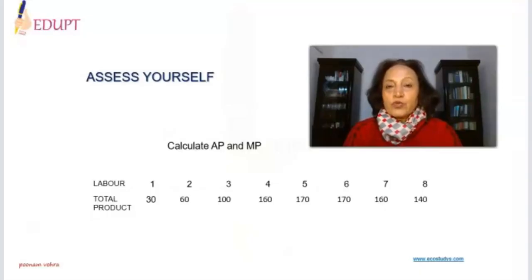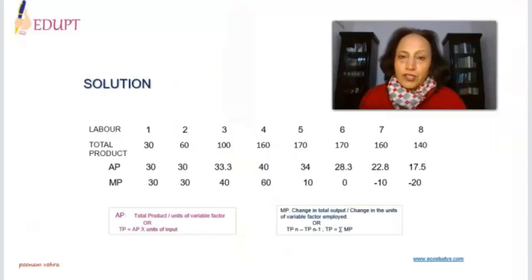So you need to find out the average product as well as marginal product. Now check your answer. I've been telling each time that whenever you have to solve a numerical, you must write down the formula first, simply because most of the times 1 mark is allotted for writing down the formula.